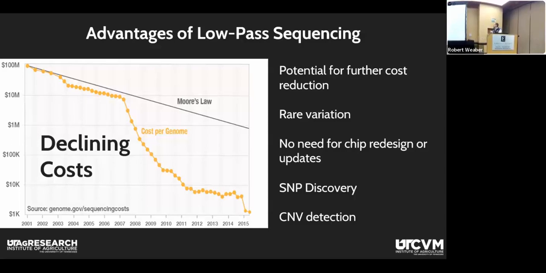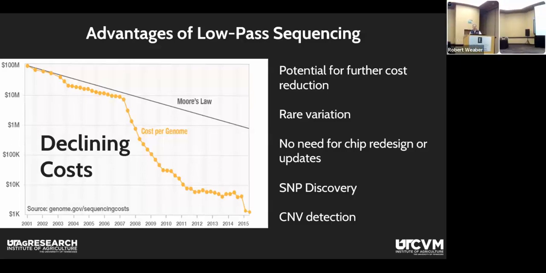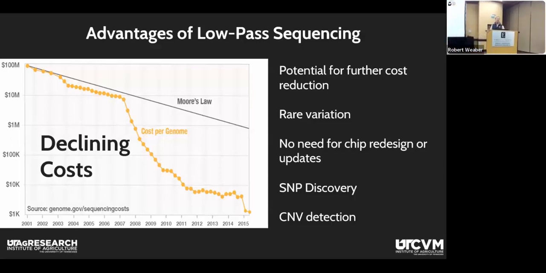So the first and most important advantage for low pass, I think, is that the potential for further cost reduction is still there. With chips, we're always going to have to synthesize bead pools, right? We're going to have to continue to make chips. There's a fixed cost associated with those that's harder to chip away at, no pun intended, than with low pass, where there's still a fair bit of extra cost savings that we can squeeze out over the long term.